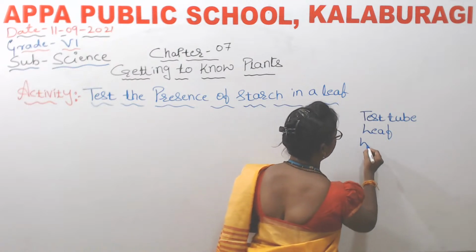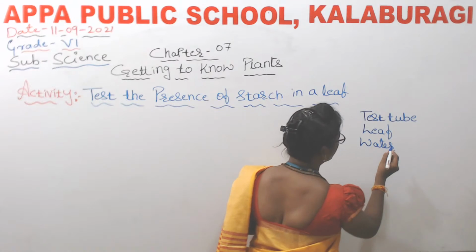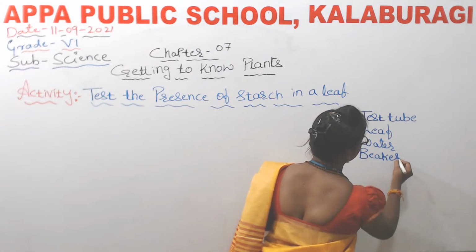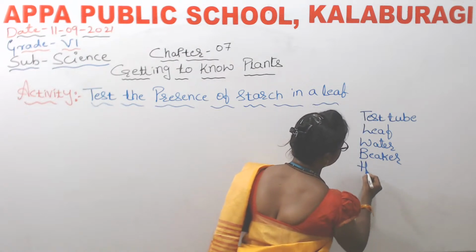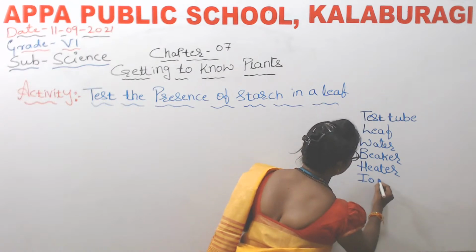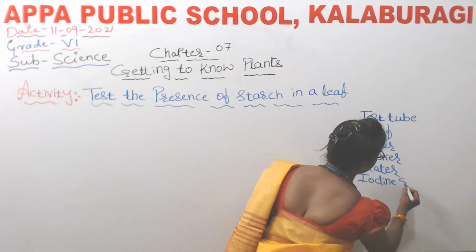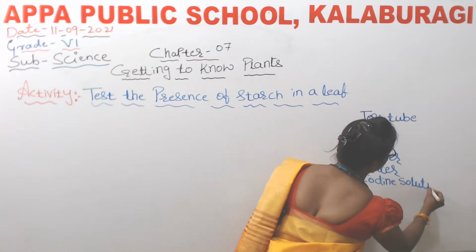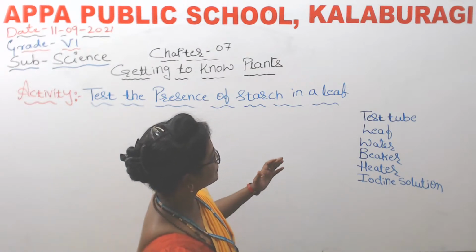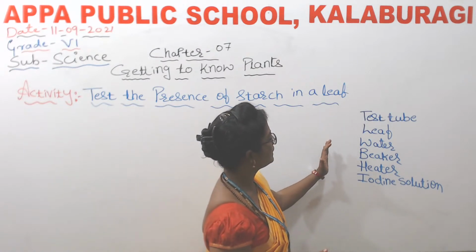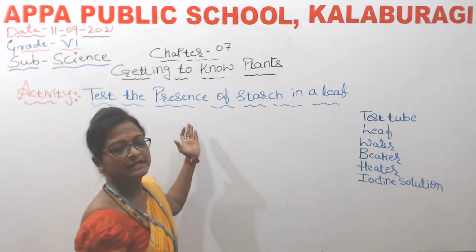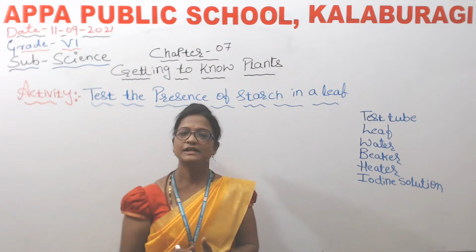Leaf, water, beaker, we need a heater, we need iodine solution, isn't it? So these are the requirements to conduct this activity. Which activity? Test the presence of starch in a leaf.